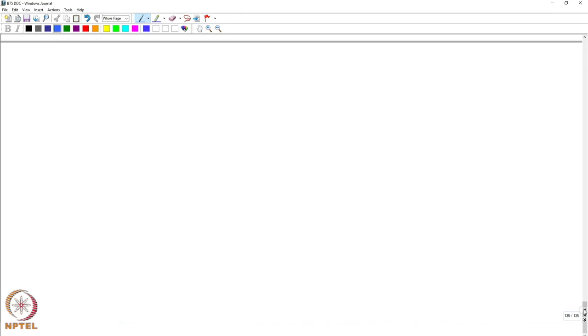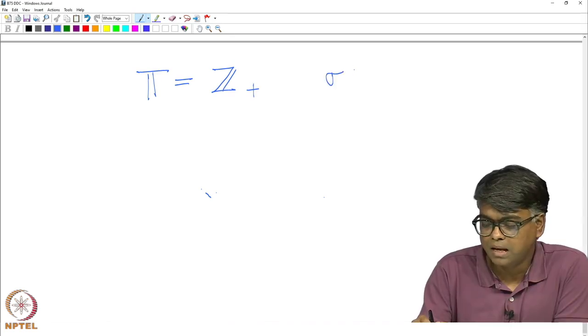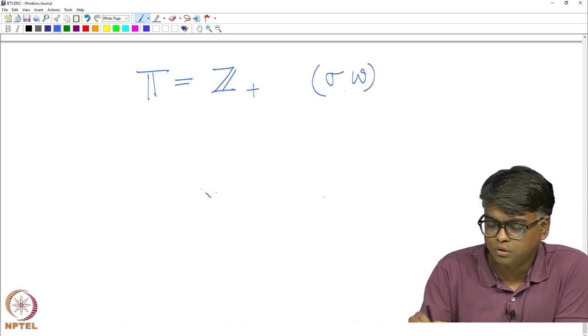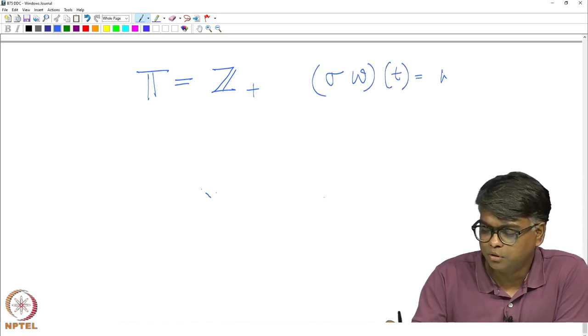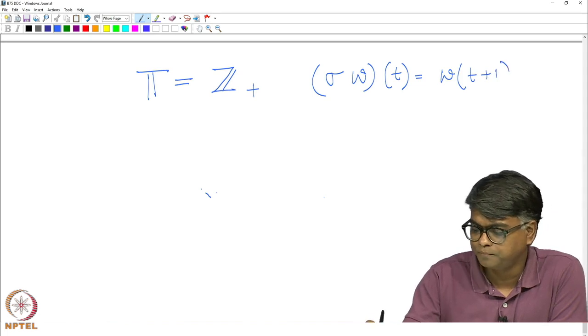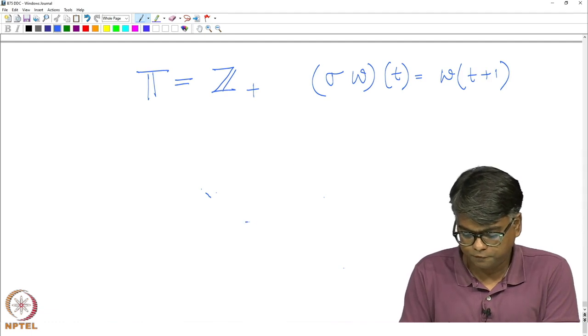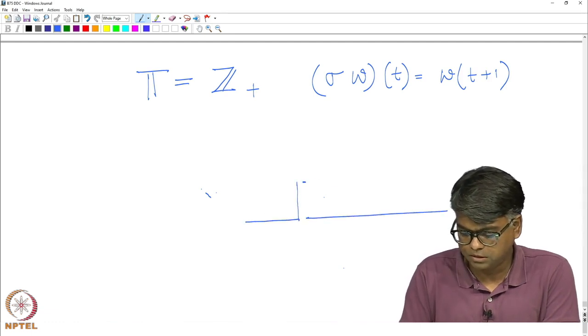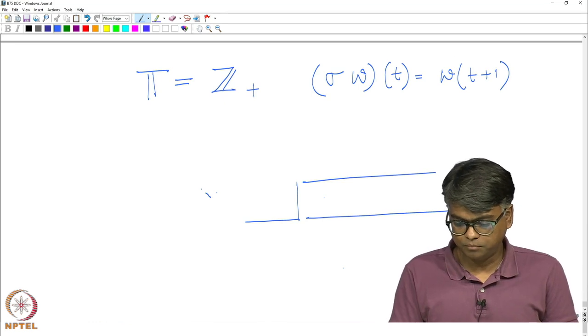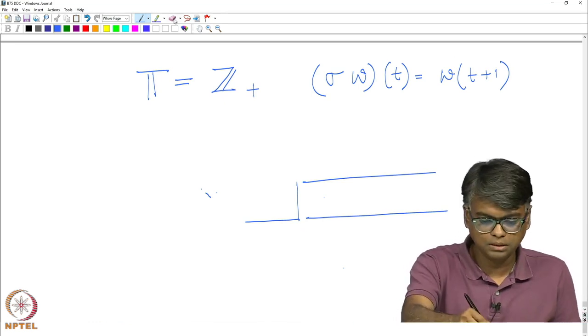For example, when T is equal to Z plus, we have the sigma operator, which is such that when sigma acts on a trajectory w, this evaluated at t is w at t plus 1.